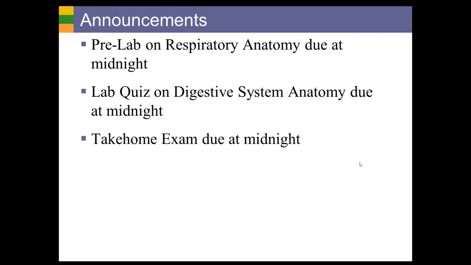Now, one of the things I suggested that you do with respect to the take-home exam is to share your answers with other students and talk about those answers. If you haven't had a chance to do that, I suggest that you reach out to other students in class. Send them an email and say, hey, I finished the exam. If you finished the exam, let's get on some type of video conference or whatever, and let's compare answers.